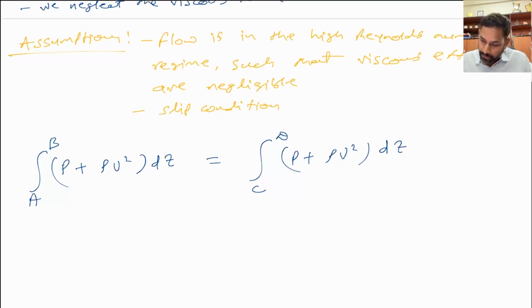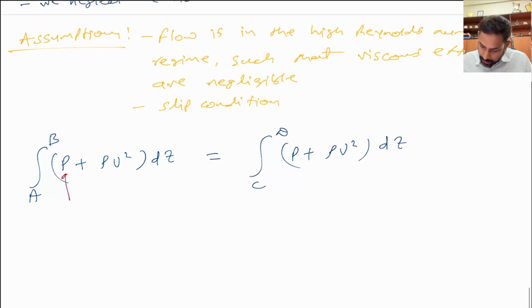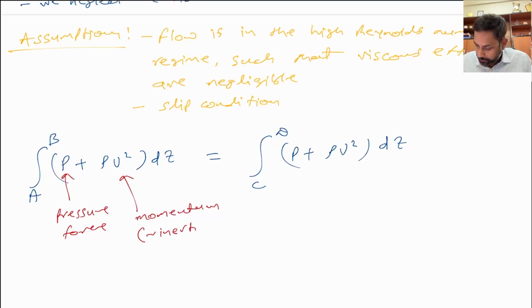Where this term represents the pressure force and this term represents the momentum, which is also representing the inertia force here.